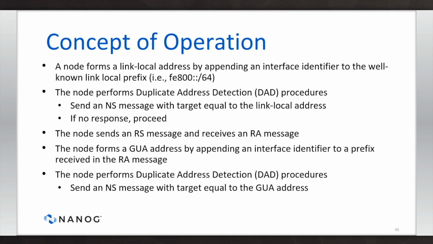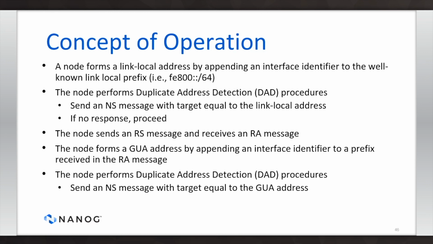Then it performs something called the duplicate address detection procedure. It sends an NS message with the target equal to the link local address that it just picked. So what it's doing is saying, is there anybody else on this LAN segment who's got the address that I've just picked? If there's no response, that's good news. That means that there is no other node with this address. It can use it. If the node receives an NA message, then there's an issue.